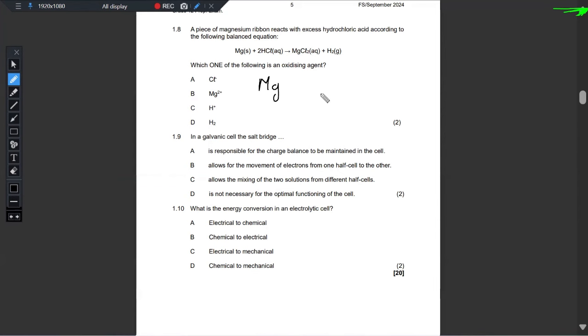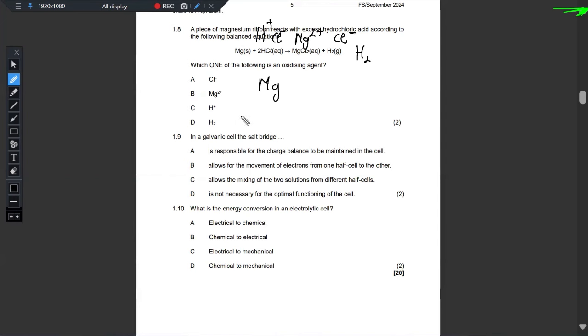And then if we are to break this one down here, this needs to be Mg2+ and Cl-, and then we have our H2 here. This is H+ and then Cl-. This is our Mg here. So let's break down everything.